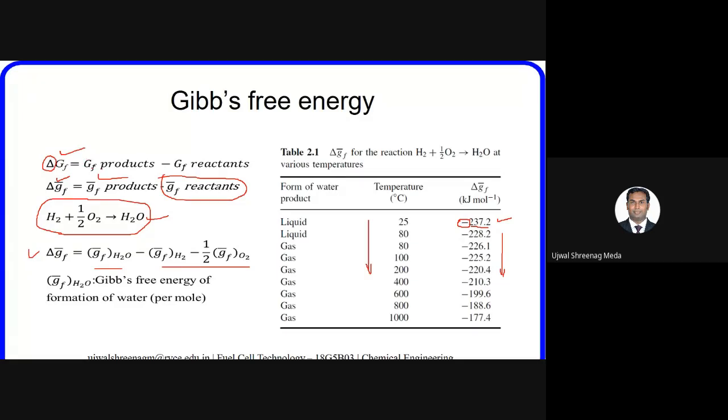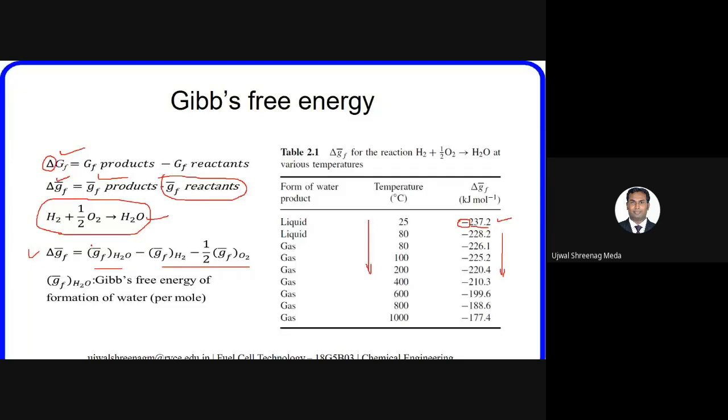The subscript f represents formation. This delta represents change. When we consider small g with an overbar, it is the Gibbs free energy of formation per mole of substance. So we are interested in the change in Gibbs free energy of formation.